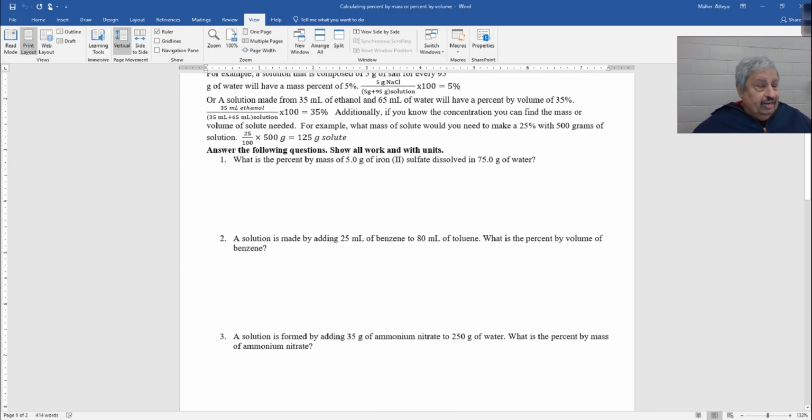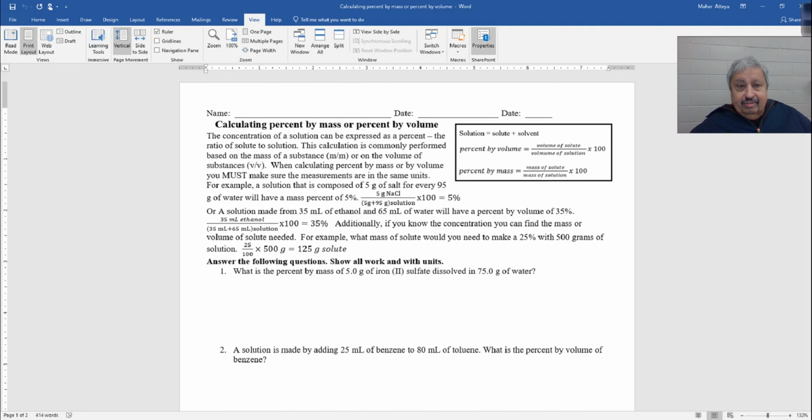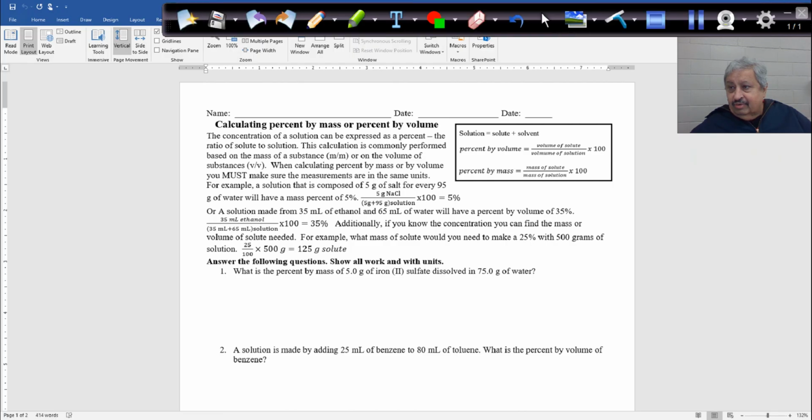We'll do volume to volume percent, mass to mass percent. And remember that the formula is now you have the mass of the solution. If you remember this, see here, volume of the solution means what?